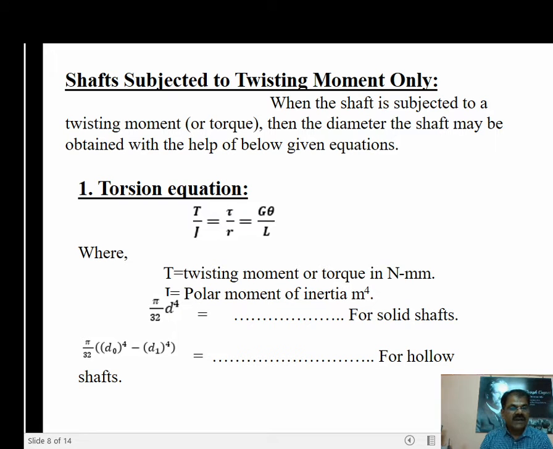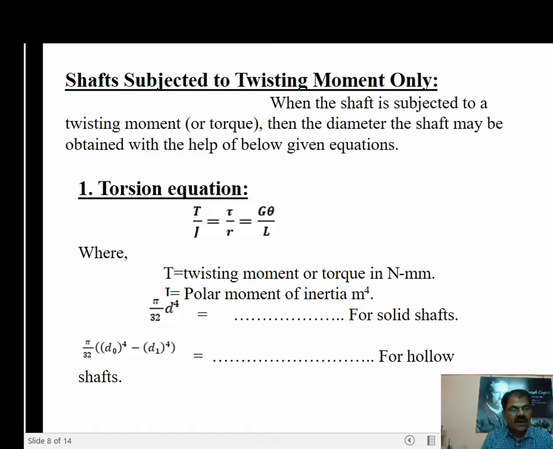This is the main torsion equation: T by J is equal to tau by R is equal to G theta by L. Then we come to know what is T, J, tau, R and G theta by L, one by one.